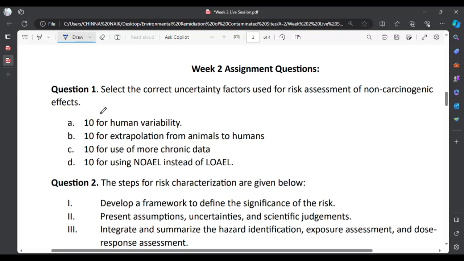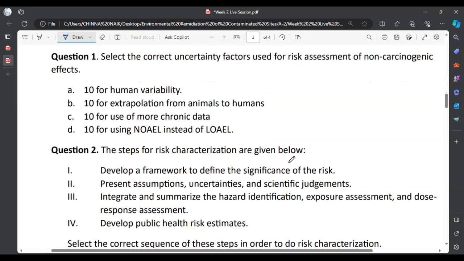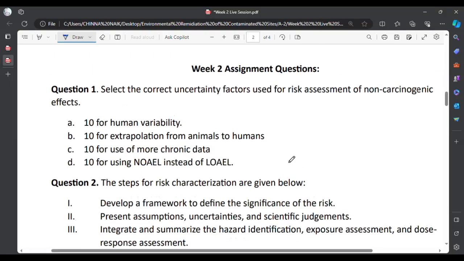So, uncertainty factor is 10 for human variability. Is it true? Right, nice, answer one is true. And uncertainty factor is equal to 10 for extrapolation from animals to humans. Is it true? Yes, true.